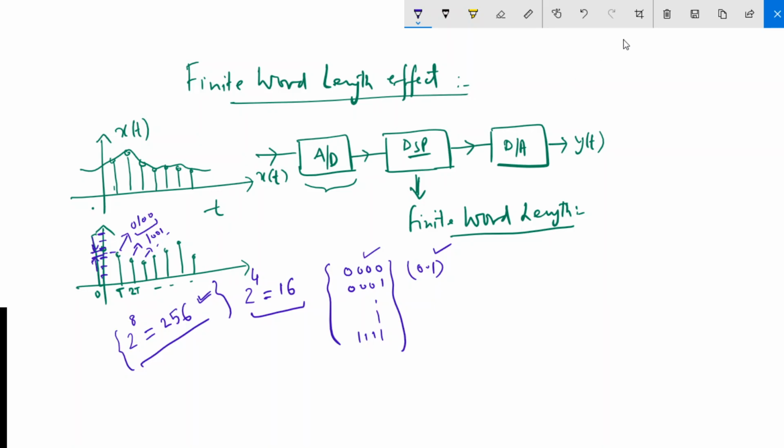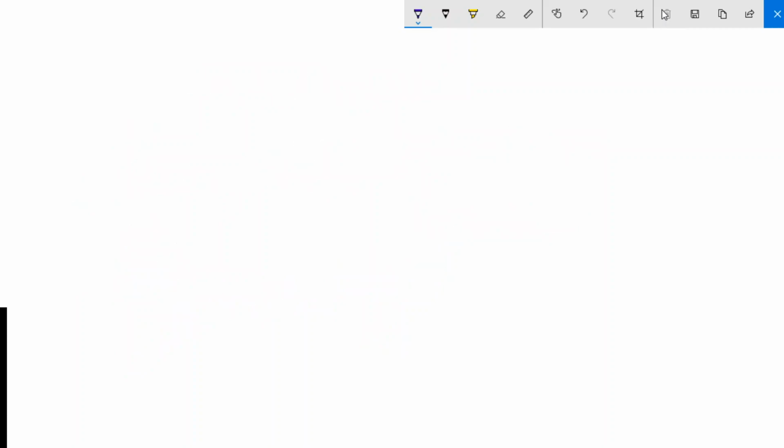And this finite word length effect, one more important thing is that this error comes during analog to digital conversion. Another important effect is that this effect can be within the system itself.